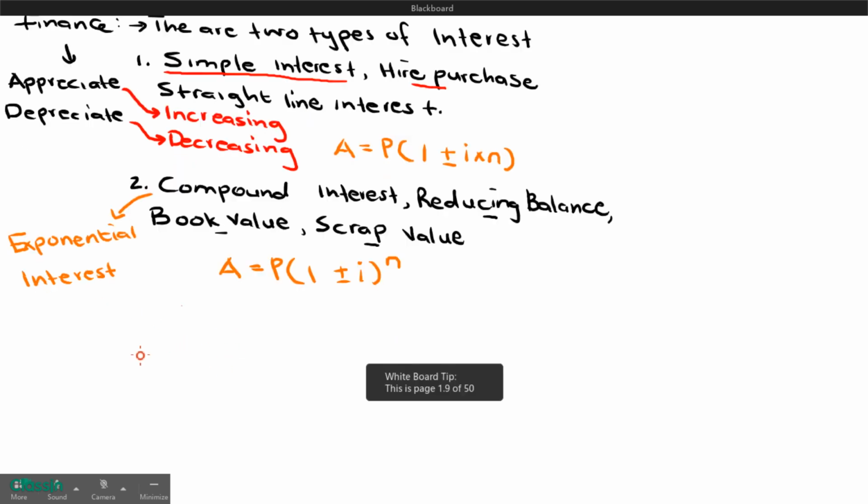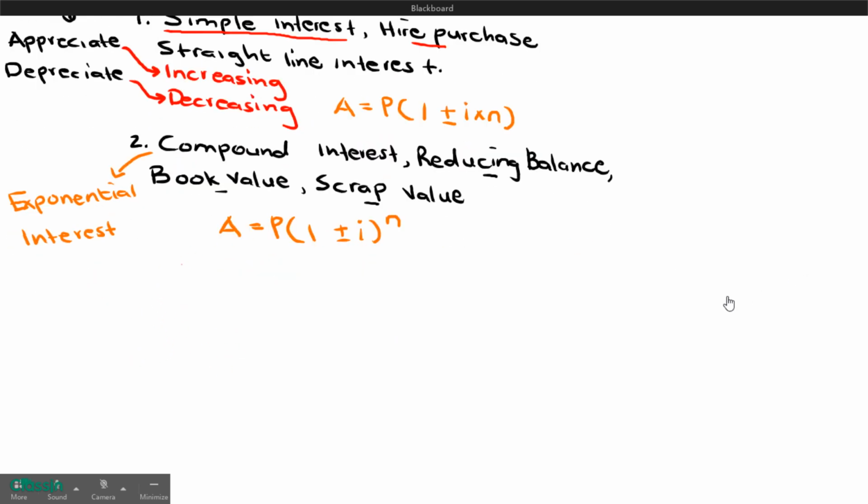So we also need to check what are the meanings behind these variables. Now we have A. A is our accumulated amount or accumulated value.